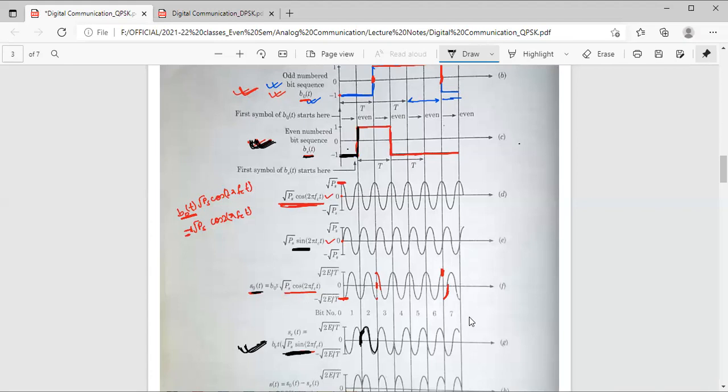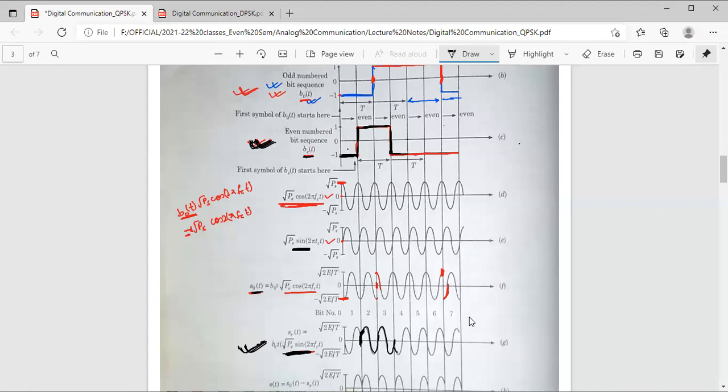After these 2 bit periods, again the phase will change. So up to the third bit period, the phase will remain the same. And again there is a phase change as there is a change in the polarity.